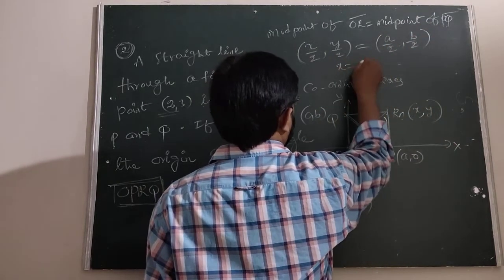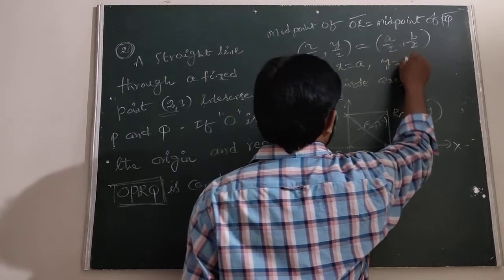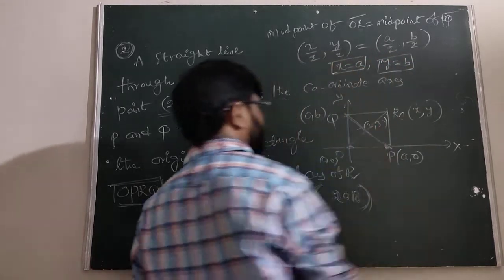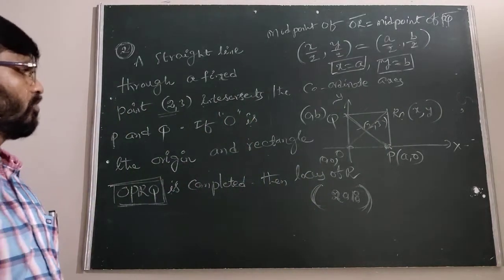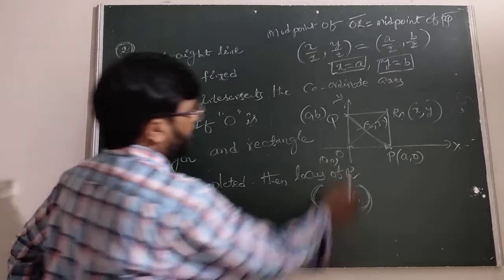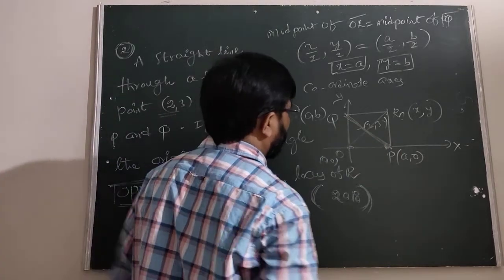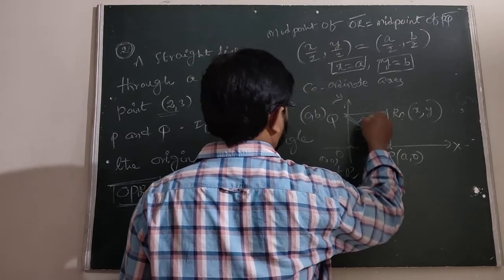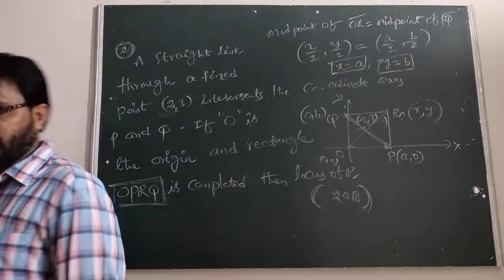That implies x = a and y = b. Now we have to know the equation of PQ, in the intercept form x/a.